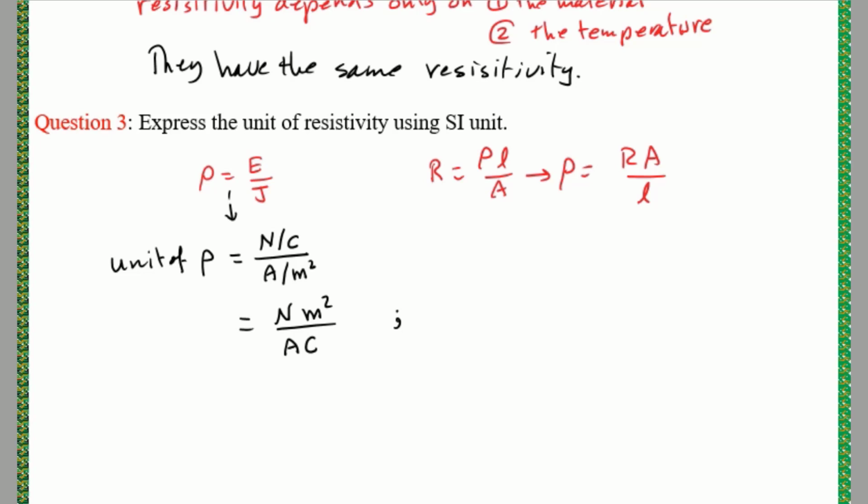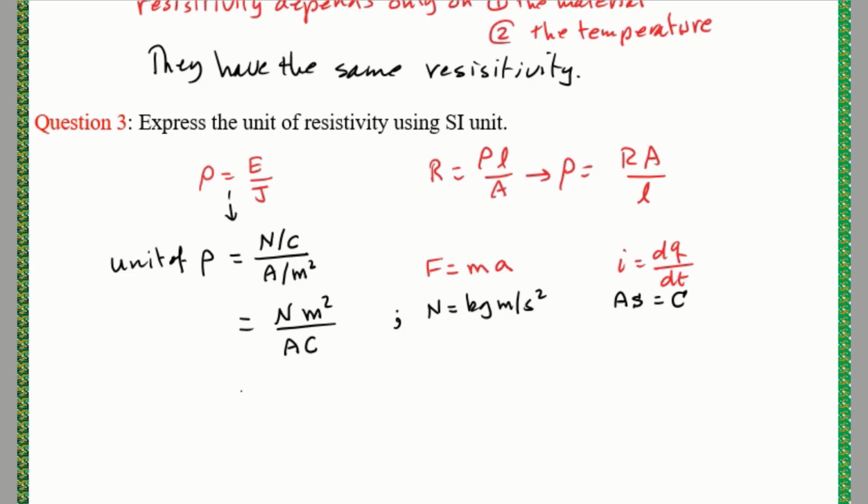But according to Newton's second law, F equals m times a, the unit Newton equals kilogram meter per second squared. And according to the definition of the current, I equals dq over dt, we found that ampere times second is a coulomb.